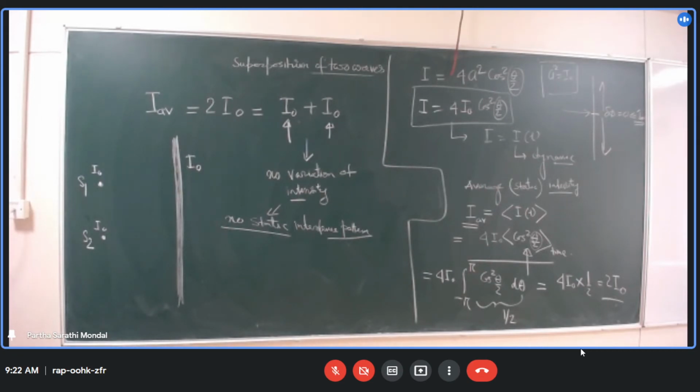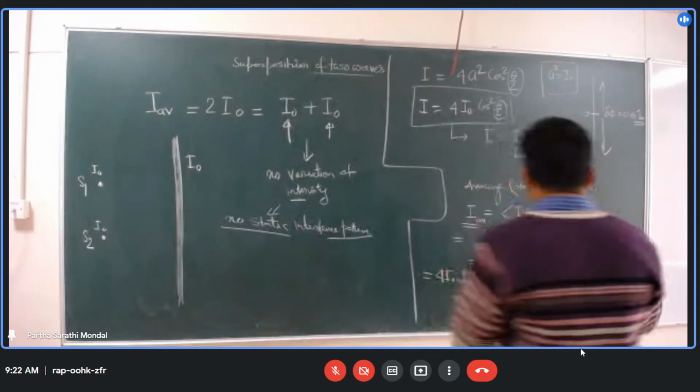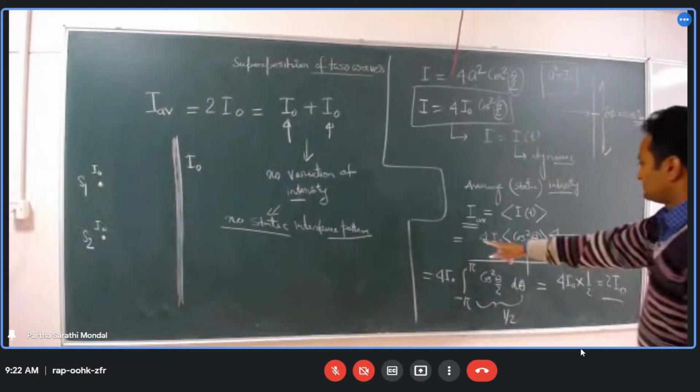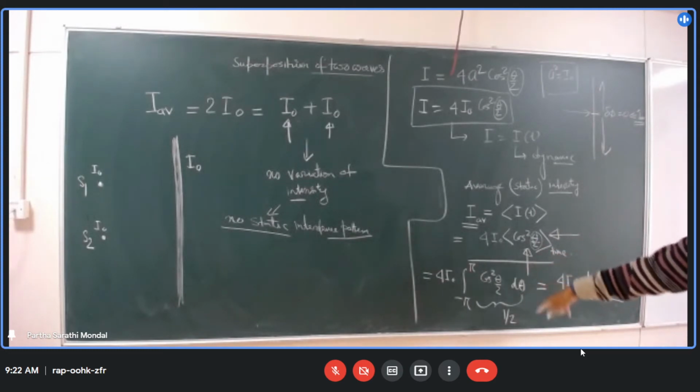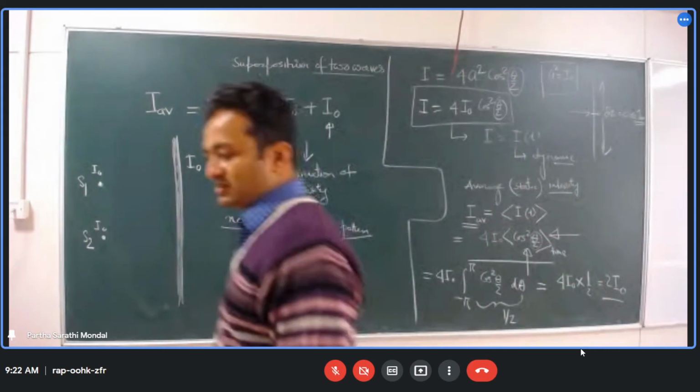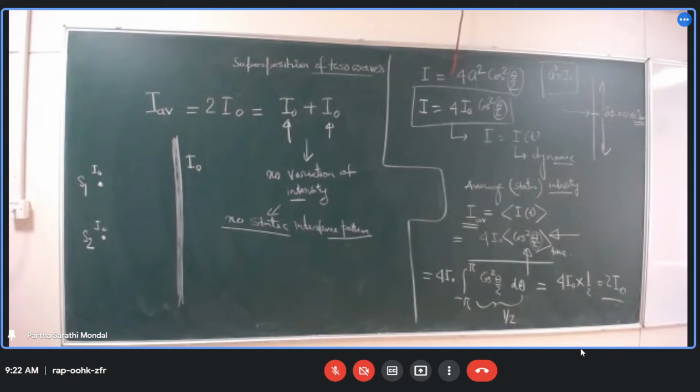Maybe the pattern is changing over 10 to the power minus 8 second duration or something like that. So fast, our eye cannot detect it. There will be interference pattern obviously, because this is the proof that there is an intensity variation. But that intensity variation is so fast that if you take the time average, it just gives you the perfect illumination. So no variation.